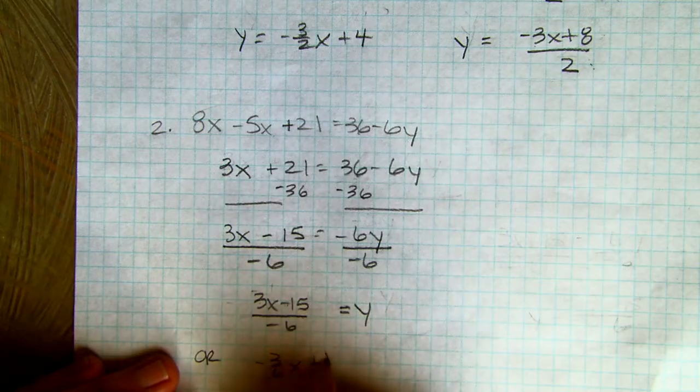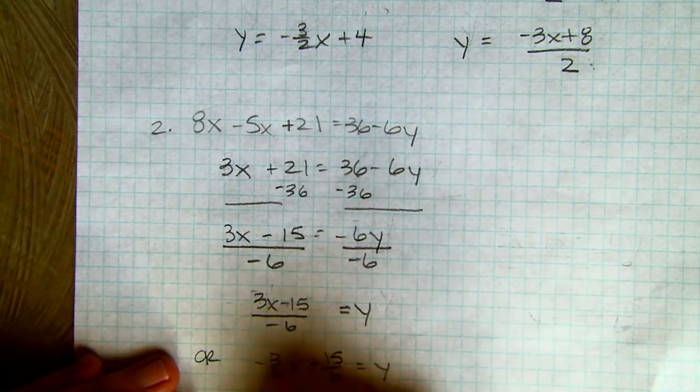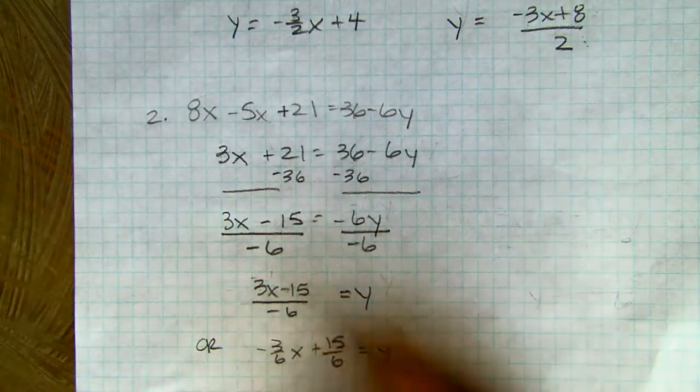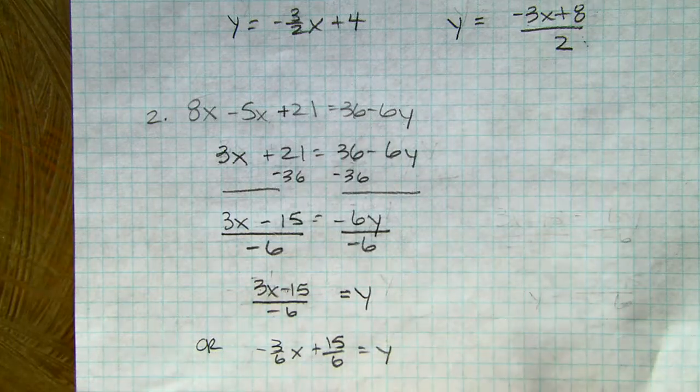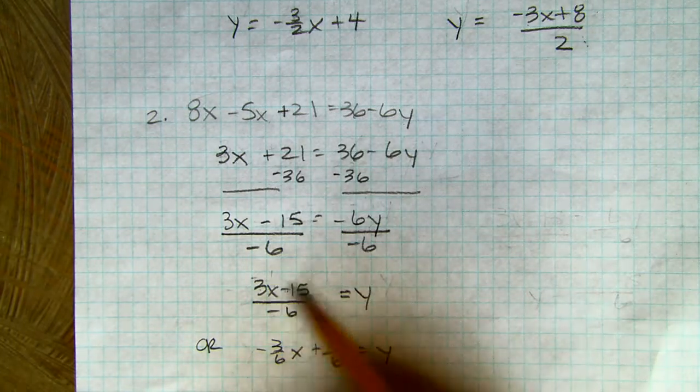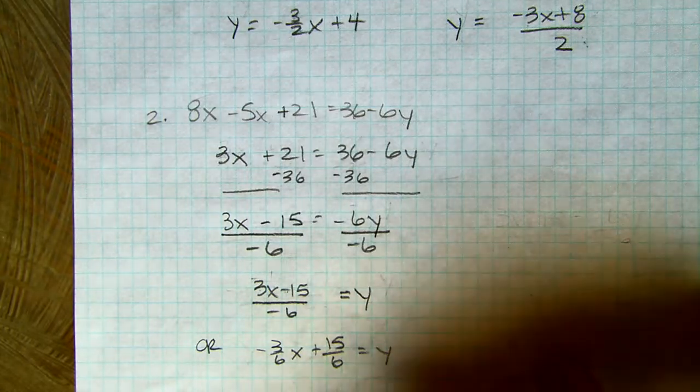Negative over negative would be positive 15 over 6, which then you could change to 5/2. Again, changing it up down here isn't as big of a deal. If you're going to use this form, it is certainly acceptable for evaluating.